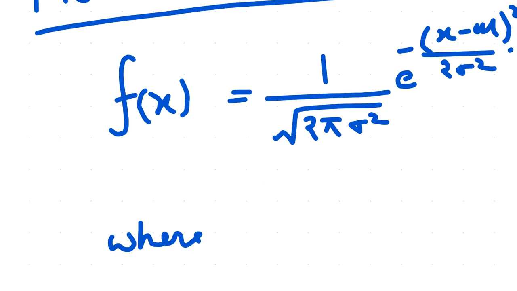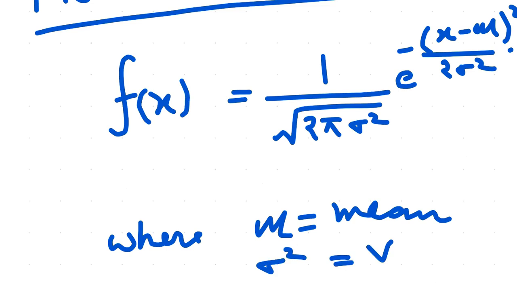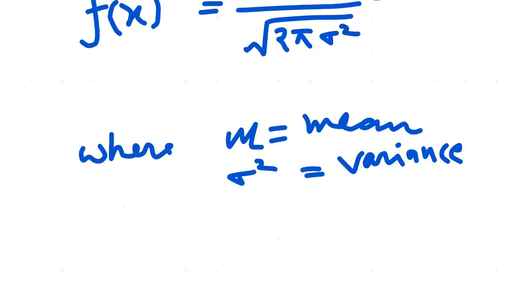Where mu is equal to mean, they'll give you in the question. Sigma square is variance, and only sigma is standard deviation. They can give you sigma also, the standard deviation.